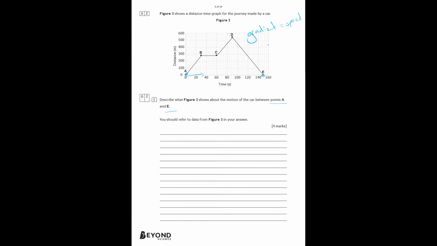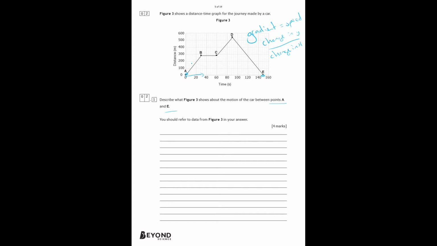Why? Because to work out the gradient, you're doing your change in y over change in x, your rise over run, and on a graph like this, that is distance divided by time. Speed is equal to distance over time, so our gradient is the speed.